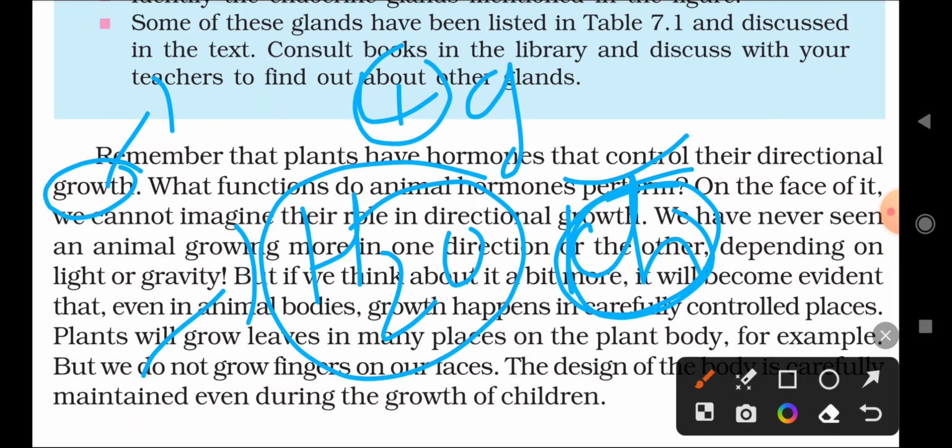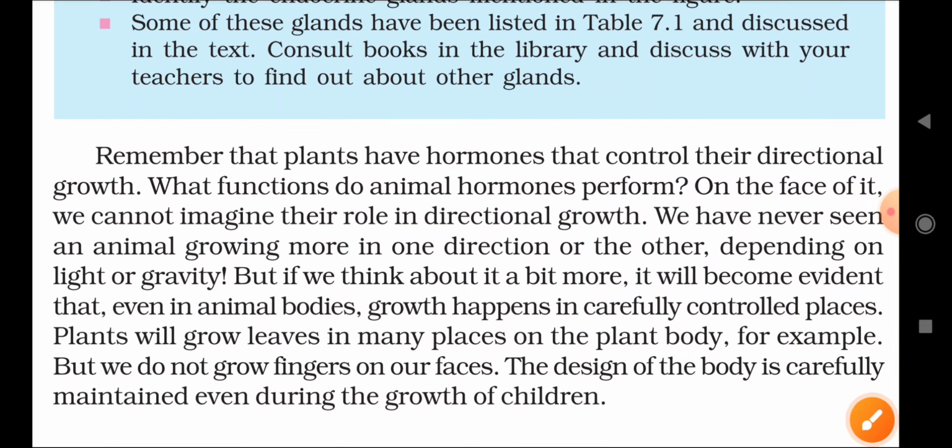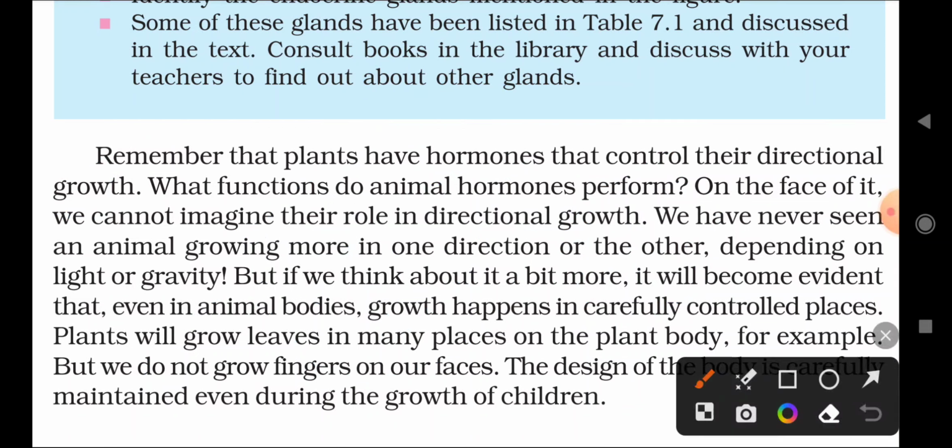These four are directional growths present in plants, controlled only by hormones, as we already discussed.